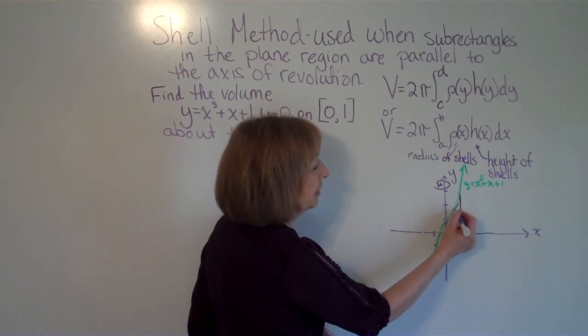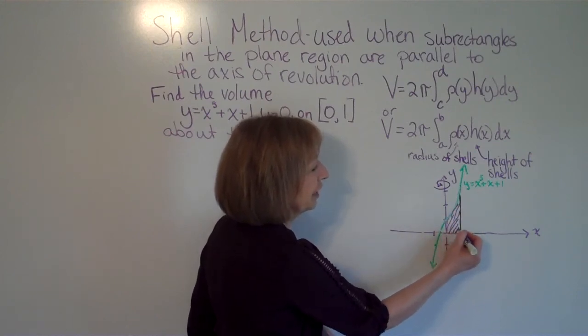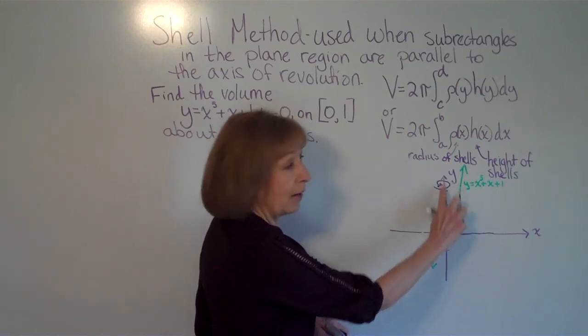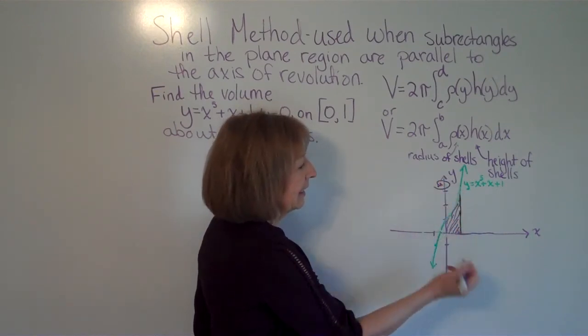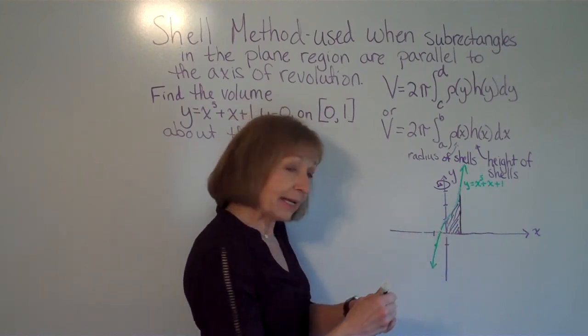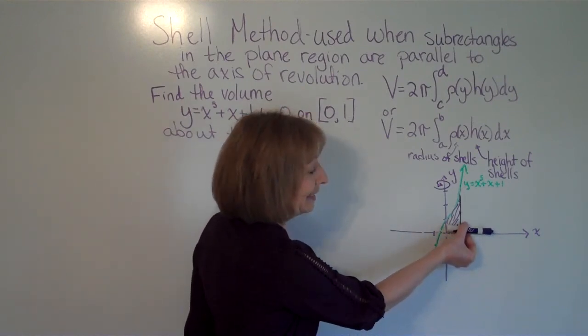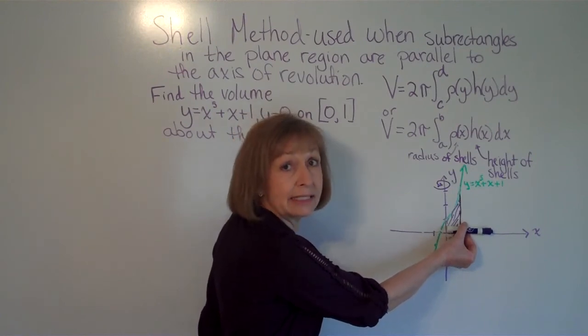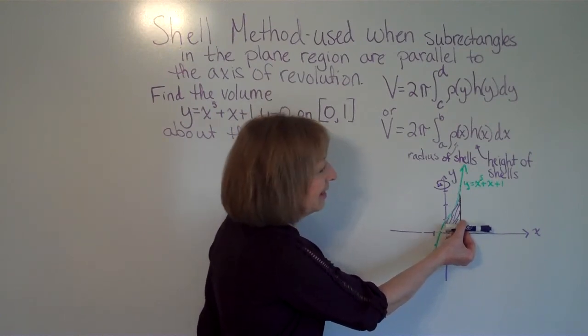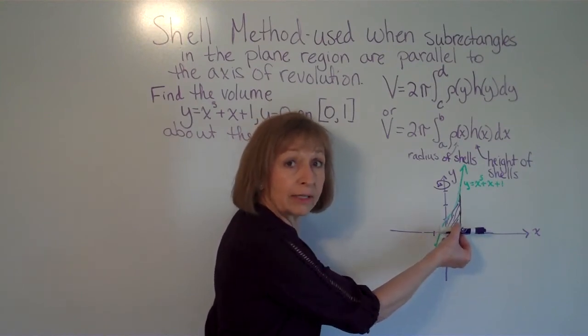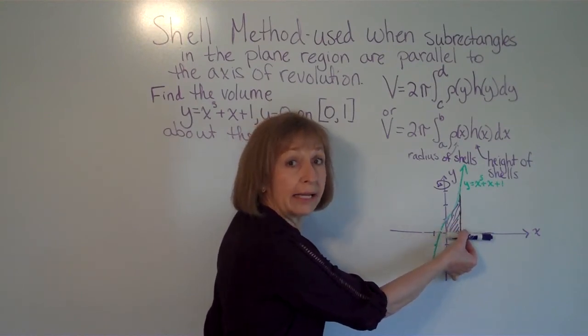This region, represented by the shading, I'm revolving around the y-axis. If I take my subrectangle representation perpendicular to the axis, like I did with the disc or washer method, then these would be horizontal, and horizontal subrectangles would have to be dy.